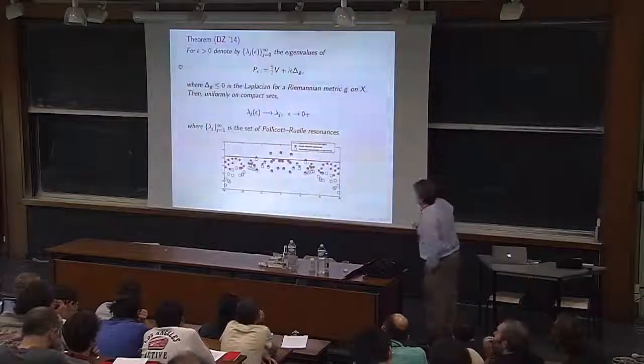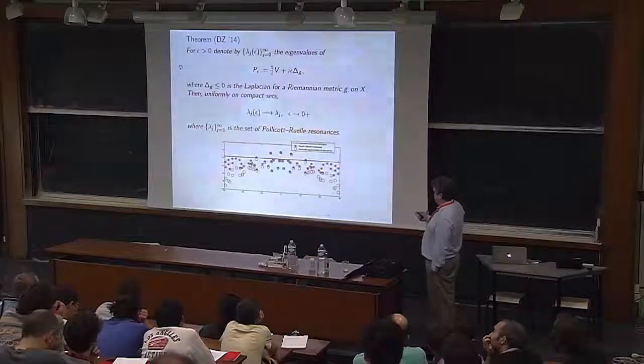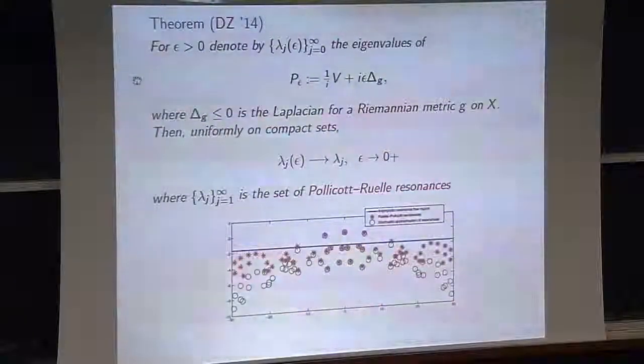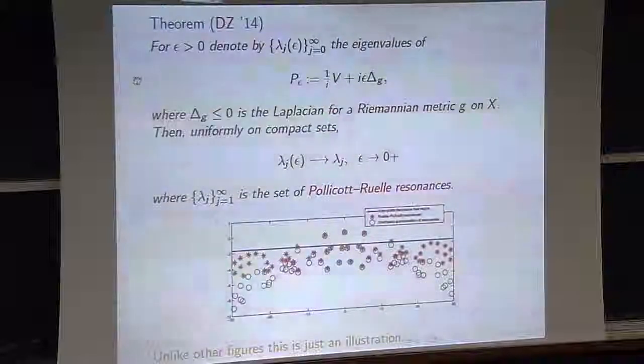So I recall the theorem. It's not a difficult theorem. You add this Laplacian, and then uniformly on compact sets you have this approximation. This is a fanciful rendition, actually unlike the other figures. This is just an illustration obtained using a random number generator, with some features that you see.